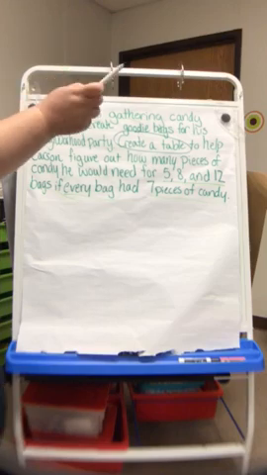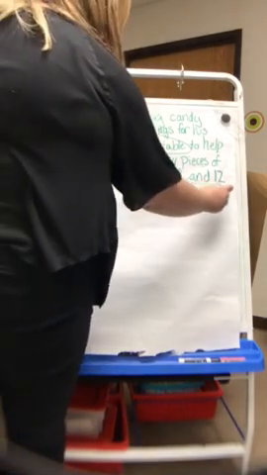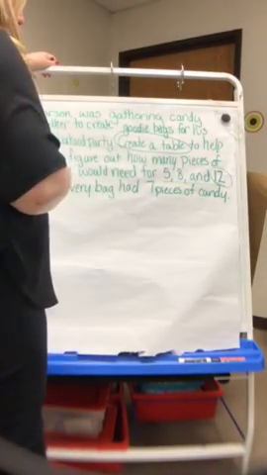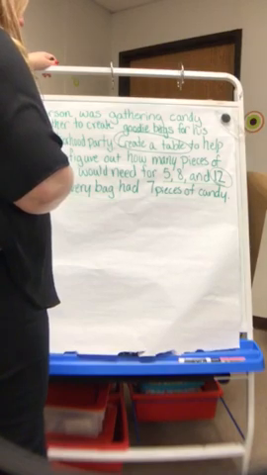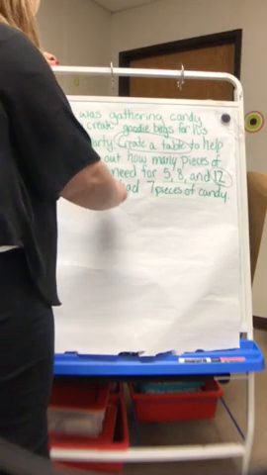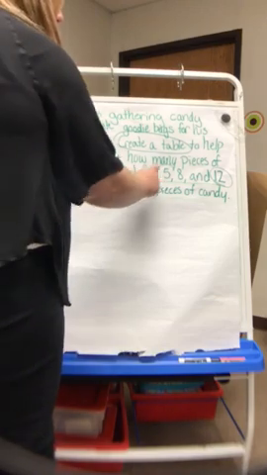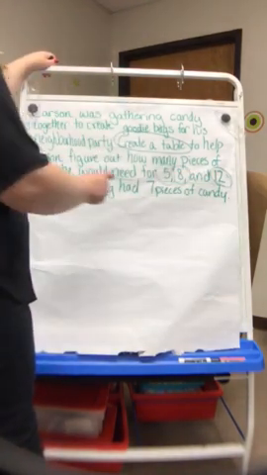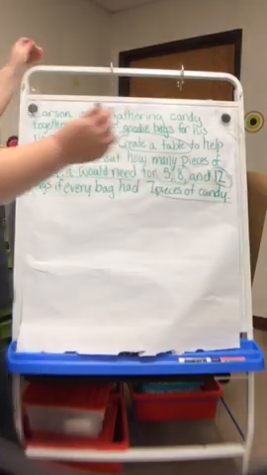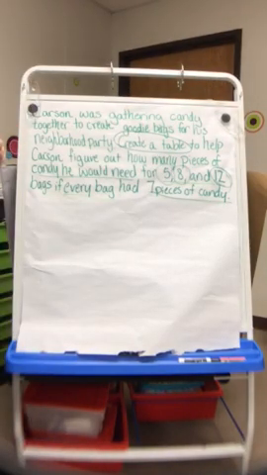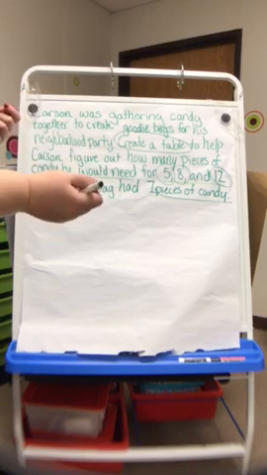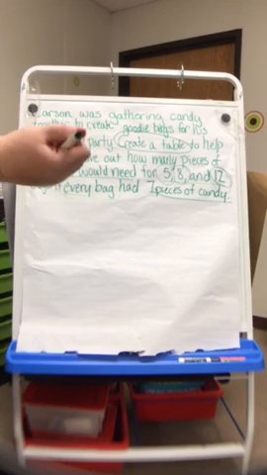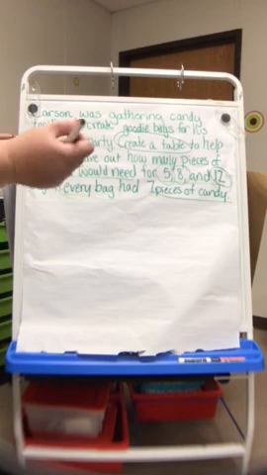So the highest number is up to 12, but we would need to know how many pieces of candy he would need for 5, 8, and 12 bags if he had 7 pieces of candy in each bag. So one of the things it's important for us to notice is what we're counting by. So what are we going to be counting by today? We're going to be counting by 7s, okay?